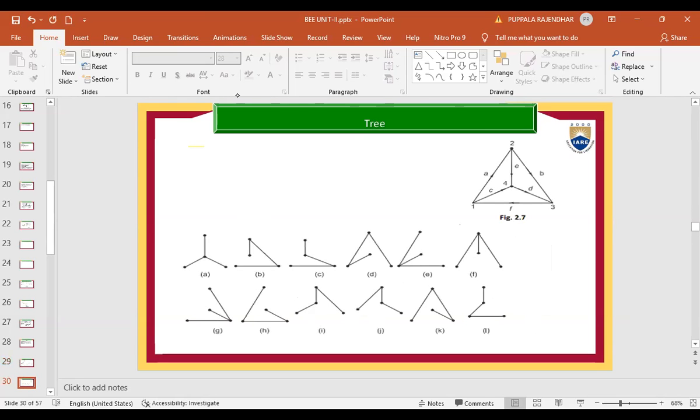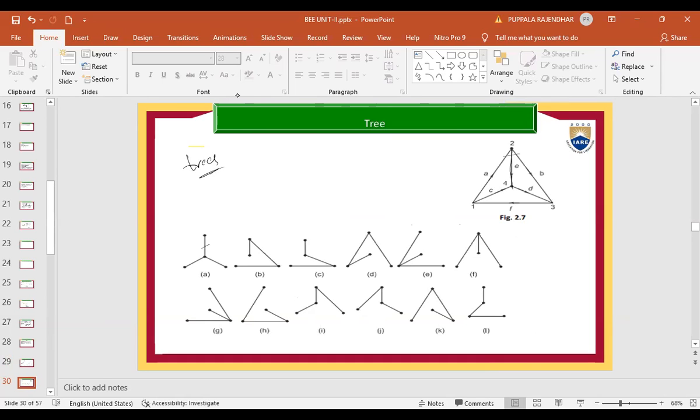Now consider this graph. It's an oriented graph. Now you try to draw the trees for this main graph. Here, 1, 2, 3.